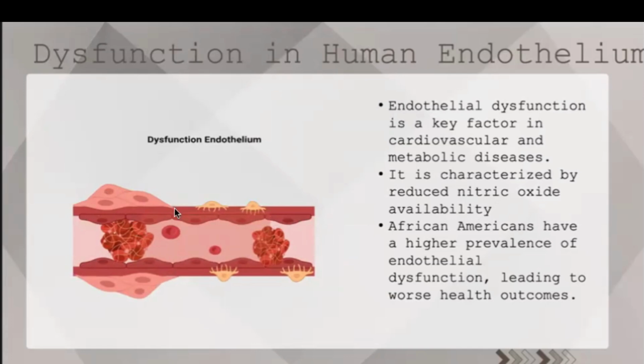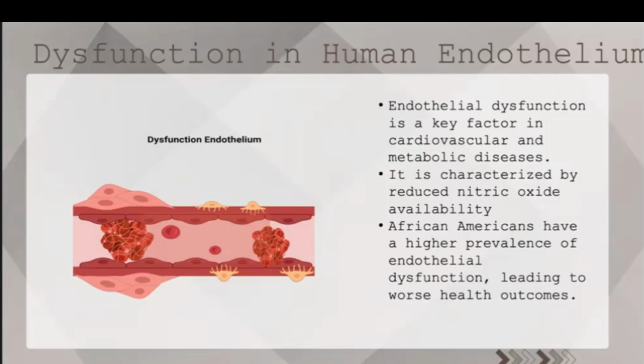And so the blood vessels of the dysfunctional endothelium will constrict more. And so we see blood clots in the blood vessels. And in the population of African Americans, we see a higher incidence of endothelial dysfunction, and this leads to a worse health outcome for these patients.